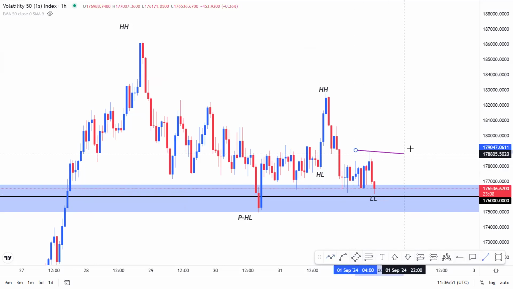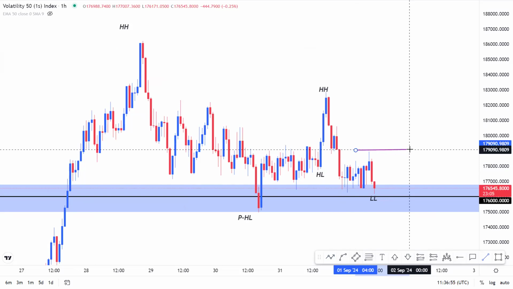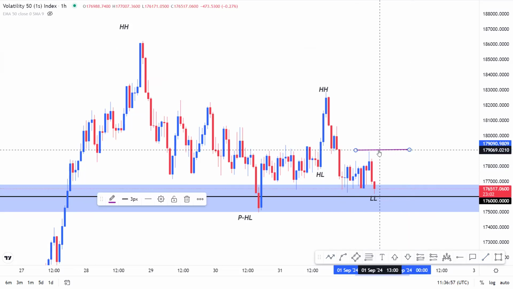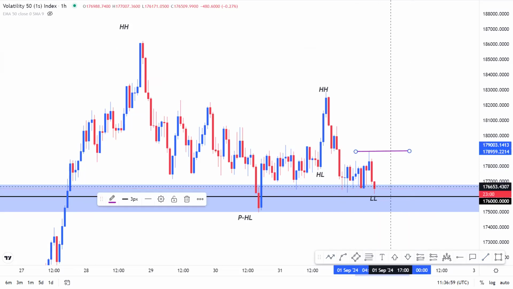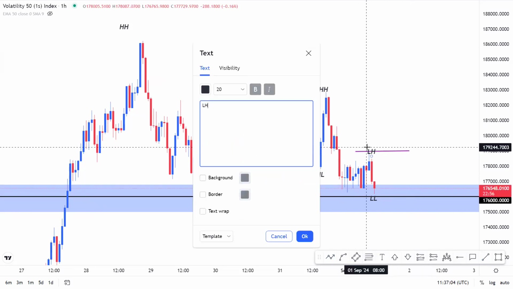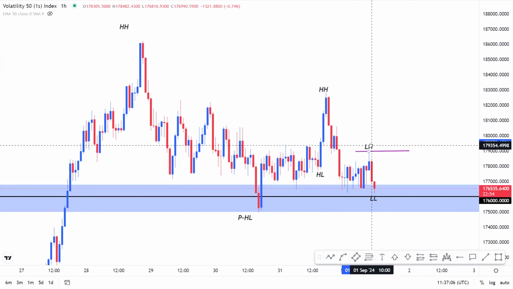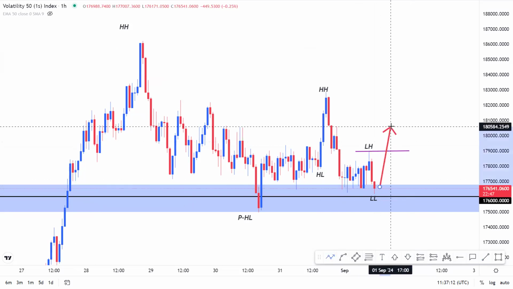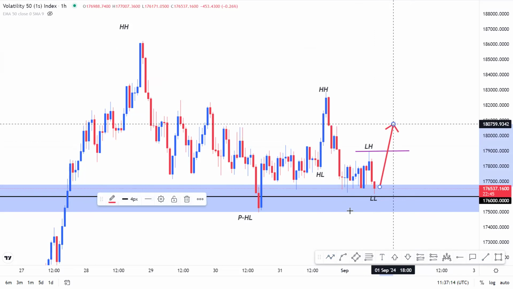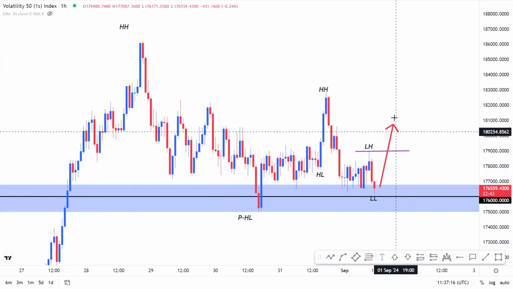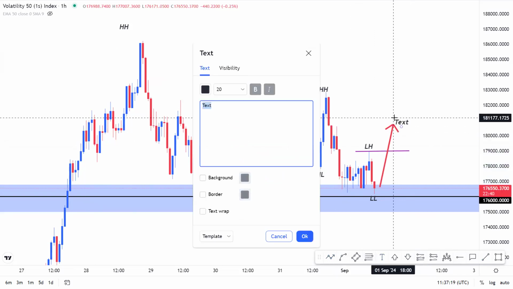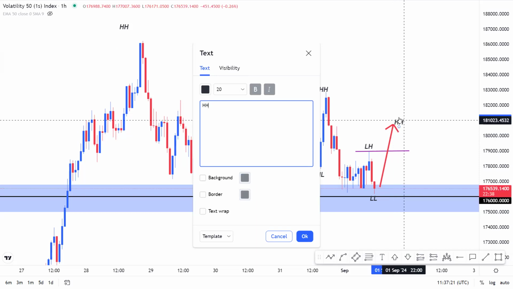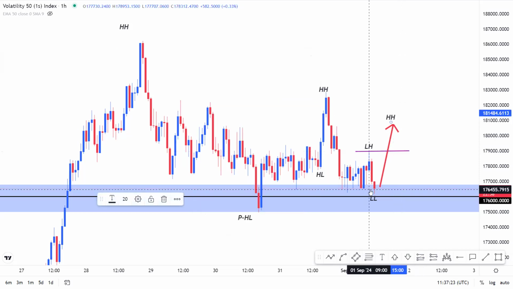Take out this, which has been the most recent swing high. So when price takes out this level and gives me a higher high, by the time that happens, it would have shifted the market structure on the hourly time frame from bearish to bullish.